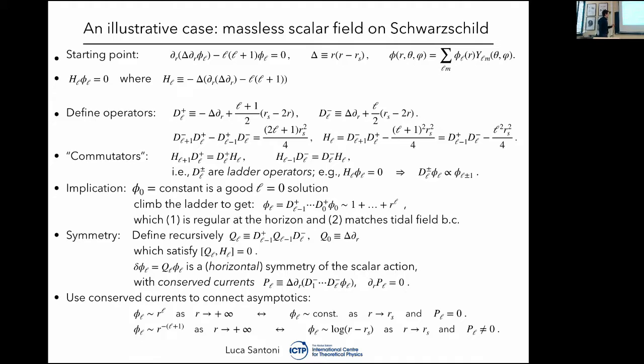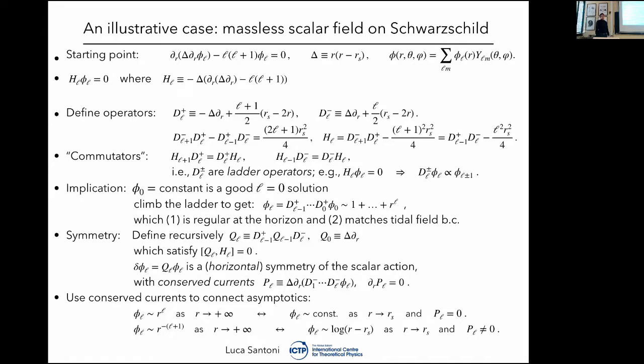And you can check that this is a symmetry. This object, for this reason, generates a symmetry of your original equation of motion or, if you prefer, of the scalar action, the action of this scalar field on Schwarzschild. Okay? So since it is a symmetry, you can compute the Noether charges using the standard procedure. And this is basically the Noether charge, which is conserved.